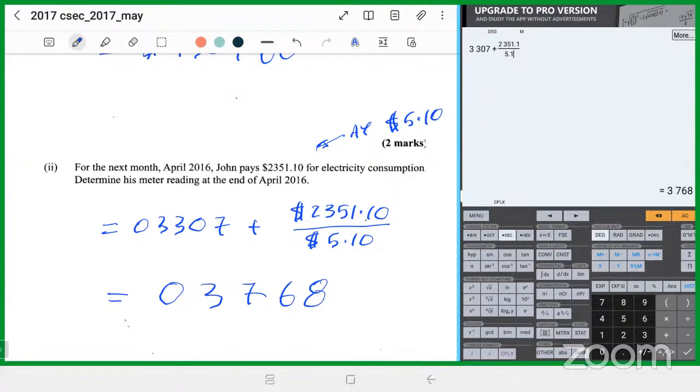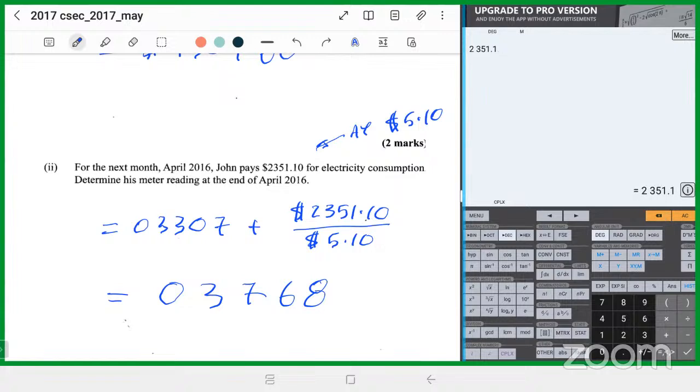That's why question 1 can be done in 10 minutes or less. I can simplify a lot of calculations that way. Now, if you did it another way and worked out the number of units first and then added it, what did you get when you divide that? 2351.1 divided by 5.1, sorry, my mistake.